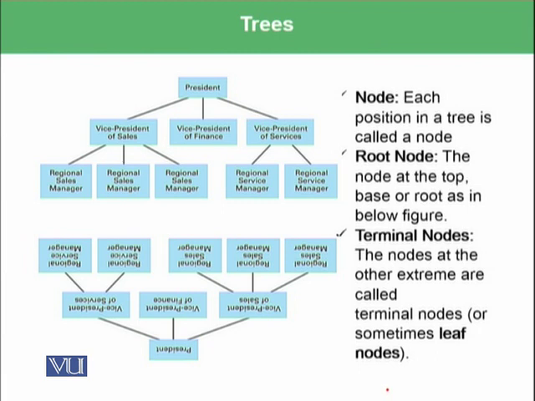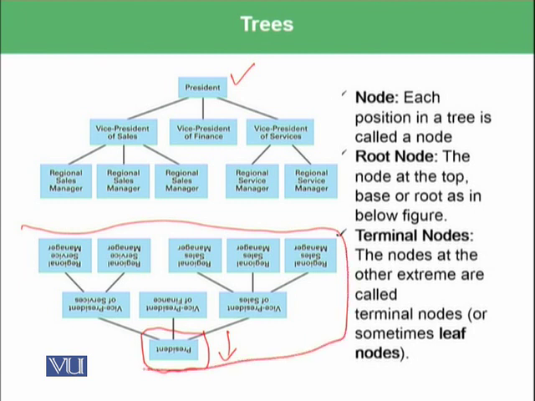But actually, when we see in real life, trees have their base in the ground. So we have reversed this picture, and we are seeing that this president is now coming over here, and all of its children are going upward. So actually in real life the tree is represented with this figure which is shown over here, which has a base at the bottom.